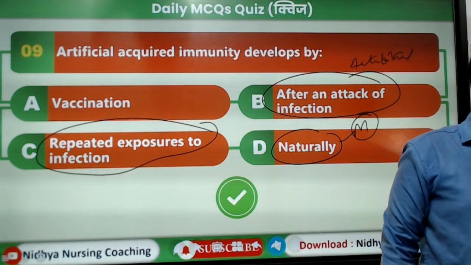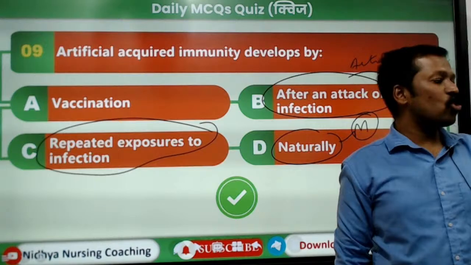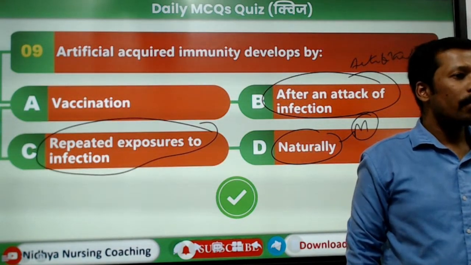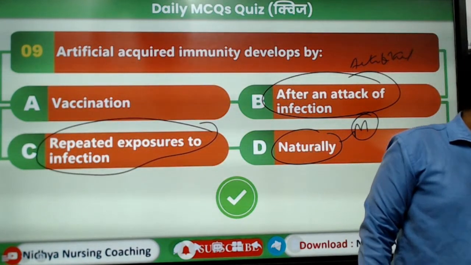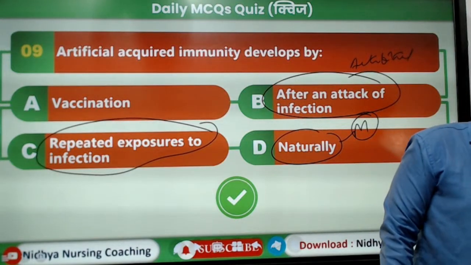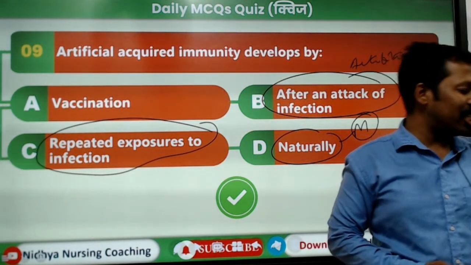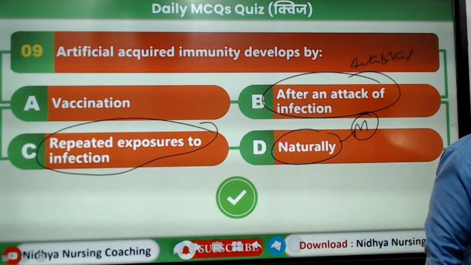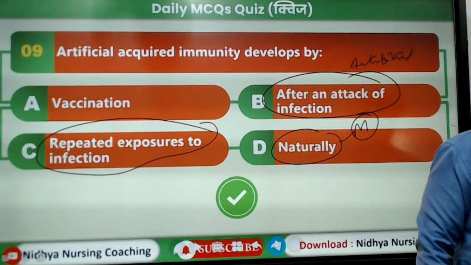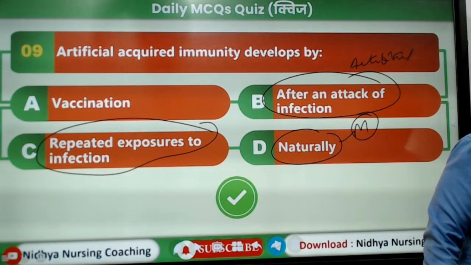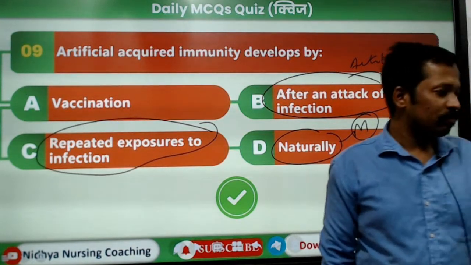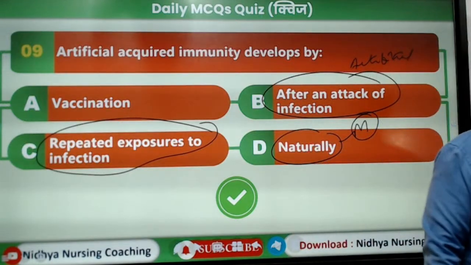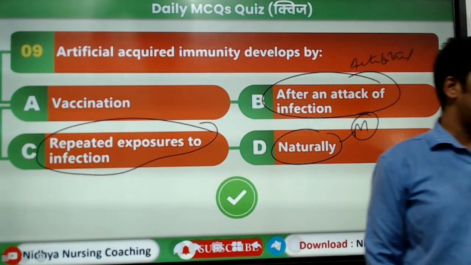That is also acquired, but is it active or passive? Repeated infections and immunity. Yeah, very good, Suresh. Through breastfeeding, natural. Okay, fine.